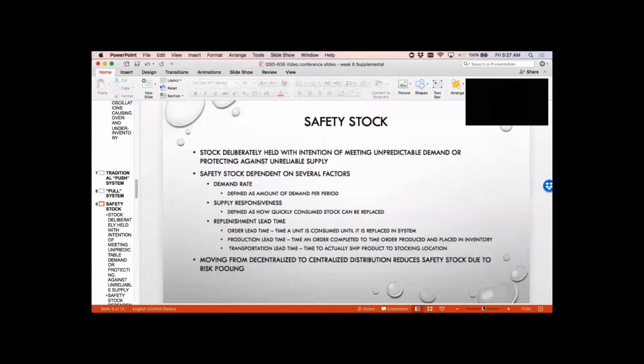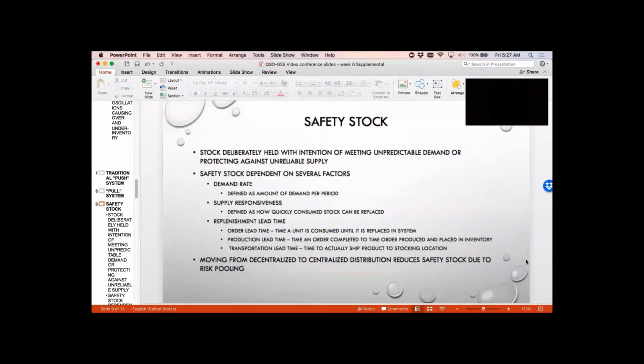So I think I have already covered safety stock, but I'm going to cover it again because week 6's problem discusses safety stock. Safety stock is stock deliberately held with the intention of meeting unpredictable demand or protecting against unreliable supply. In general, safety stock is used to absorb variability in either our demand or our supply.